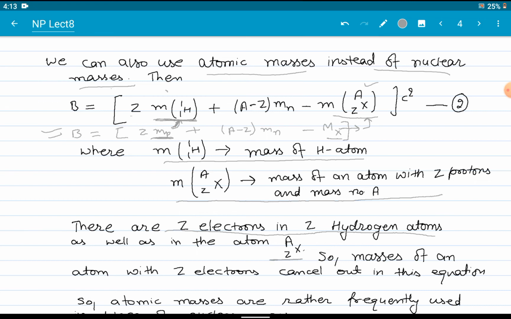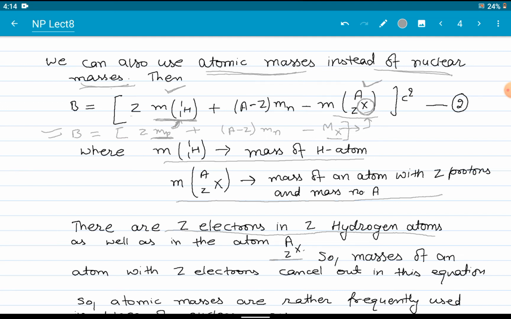Z इलेक्ट्रॉन्स का मास यहाँ एडिशनल आया, लेकिन जो आपका एटम है A X Z, इसमें भी Z इलेक्ट्रॉन्स हैं, क्योंकि इसका एटॉमिक नंबर Z है, Z प्रोटॉन्स और Z इलेक्ट्रॉन्स होंगे. तो Z इलेक्ट्रॉन्स इसमें हैं, Z इलेक्ट्रॉन्स Z हाइड्रोजन एटम्स में हैं, तो ये आपस में मासेस कैंसल आउट हो जाते हैं.